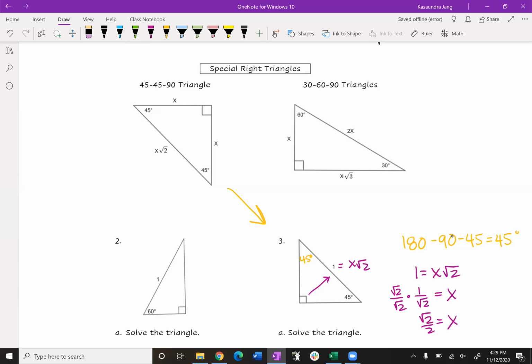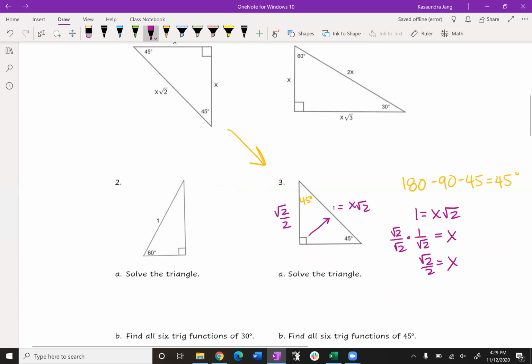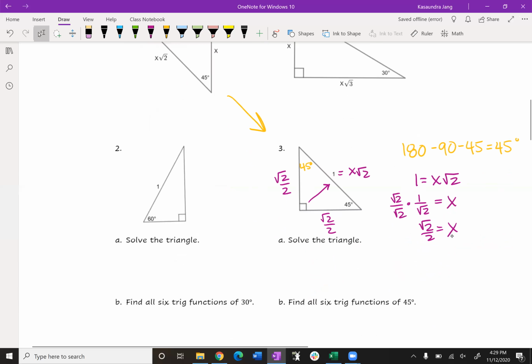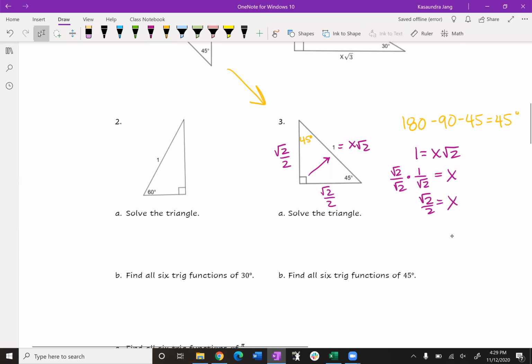They're both the same distance. So I've got a root 2 over 2 and another root 2 over 2. In order to solve the triangle, that means you should have all 3 angles and all 3 sides, which now we do. So we have solved the triangle, and then part B, find all 6 trig functions of 45 degrees.